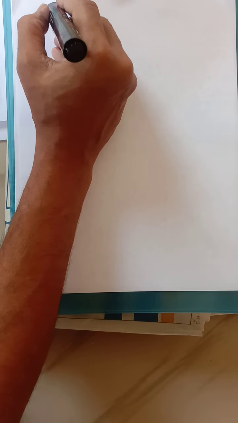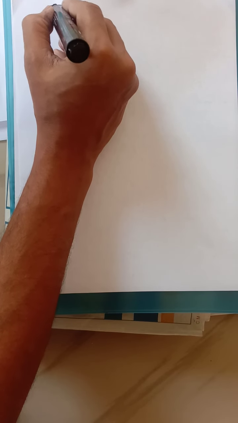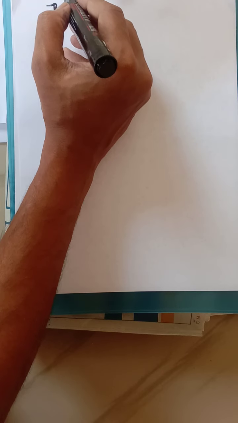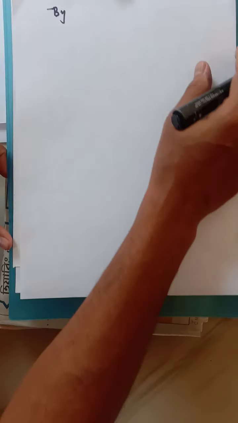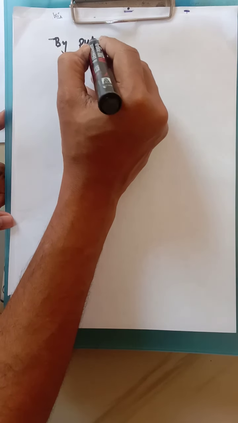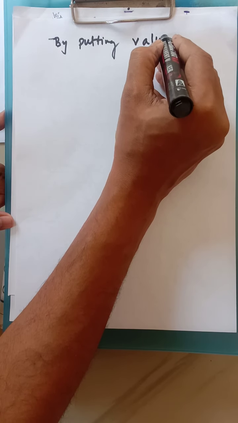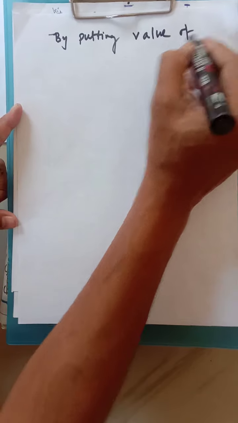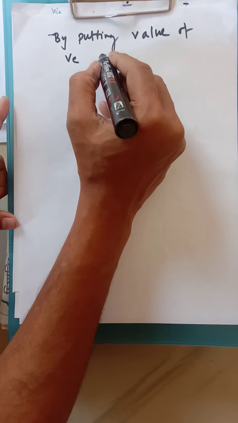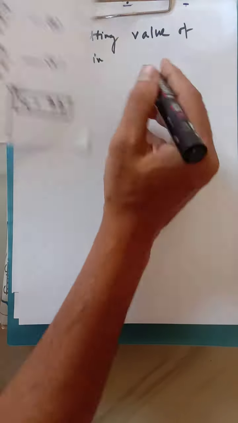Now moving to the next part. VC is over. Now how can we find out the other two, that means TC? How can we find out TC over here? By putting the value of VC in equation number 4.